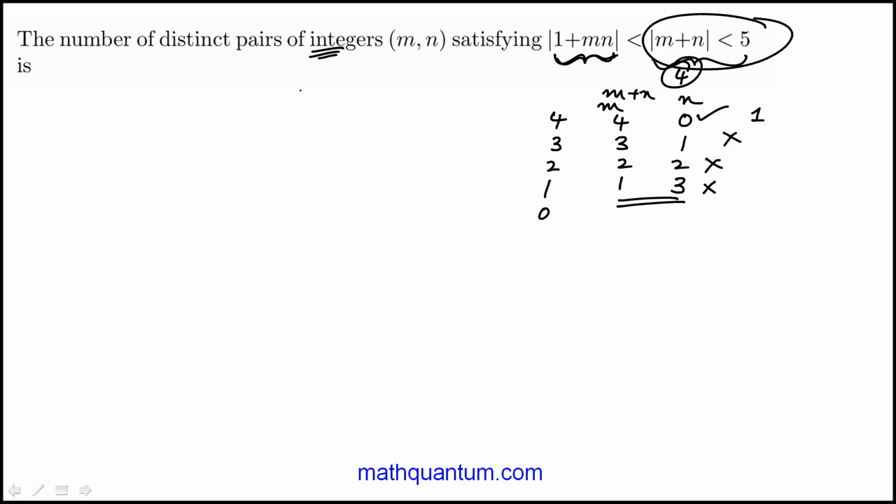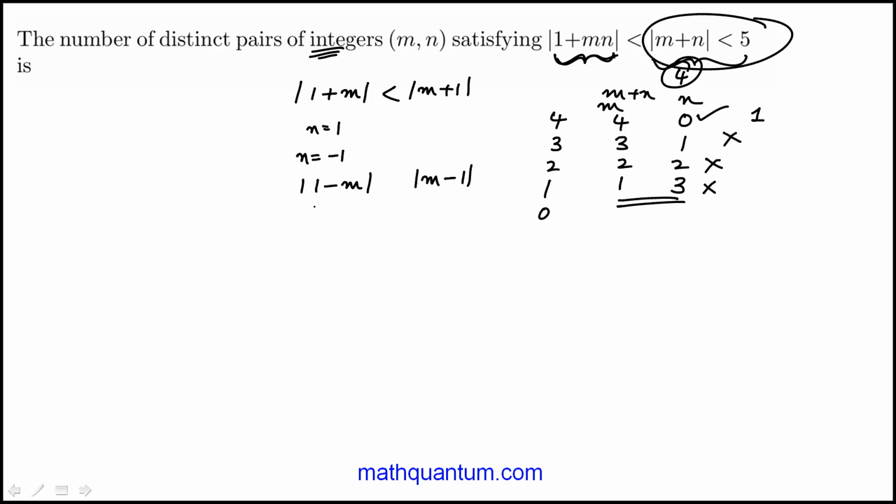Now the key thing to note here is that if one of them is 1, let's say n is 1, then these two actually would be both equal. And in fact, or if m is 1, so neither can be actually 1, but also if either one of these is minus 1, because let's say n is minus 1, this would be 1 minus m, and that would be m minus 1, and these two are also equal.